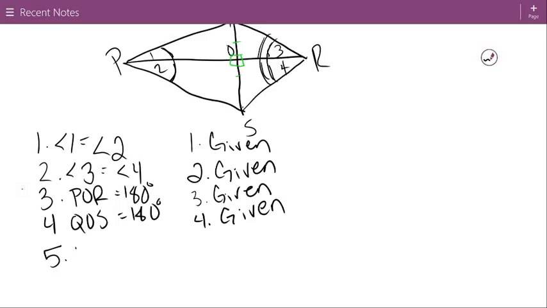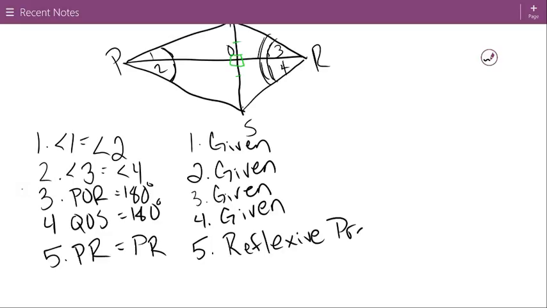So 5, PR is equal to PR because of the reflexive property. Or postulate or something. Okay, that's a property.